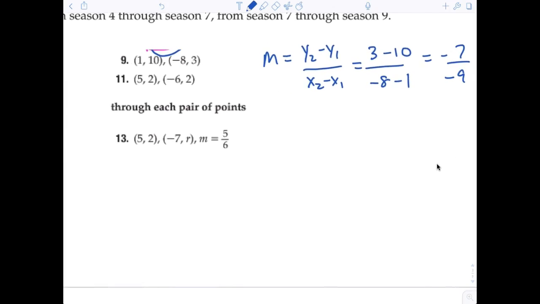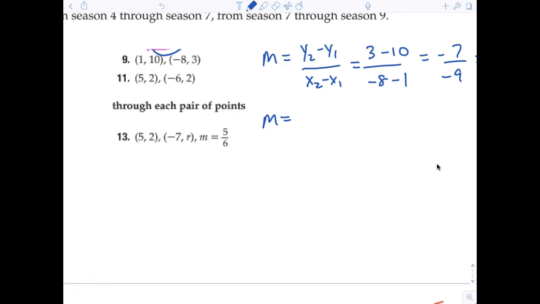All right, so here we go, please help me out with number 11. Again, m equals y2 minus y1 over x2 minus x1. No, I'm on 11. Somebody help me. Alex?